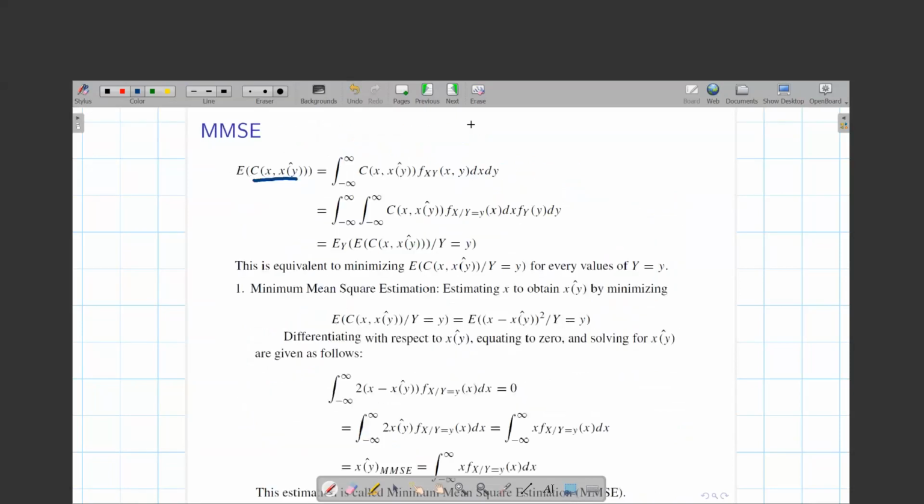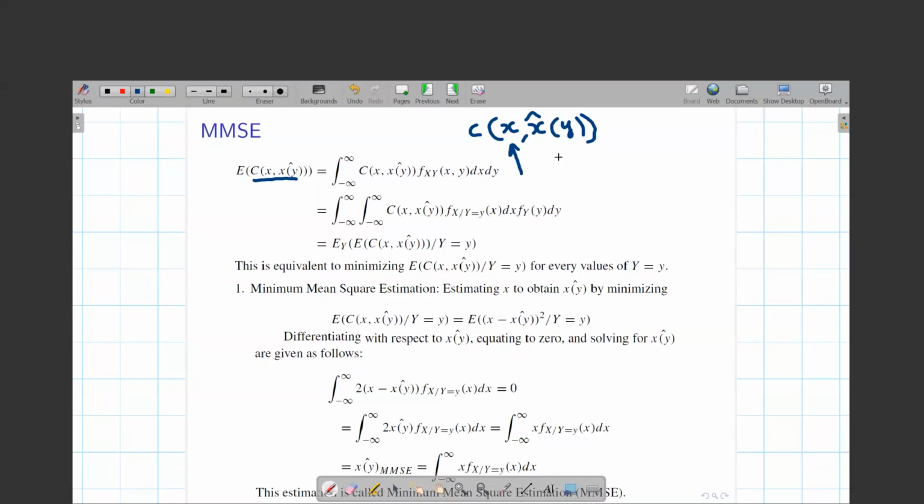Start with the cost function, C of x comma x cap of y. It is the cost function that you are going to use as a penalty for the estimate x cap based on what you observe, y.